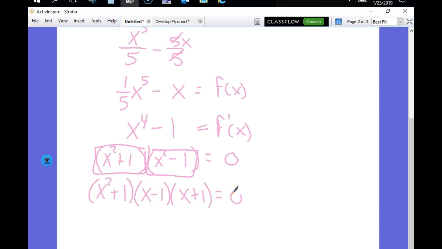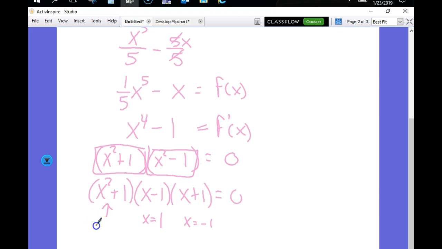Now if you set this one equal to 0, you get -1. If you set this one equal to 0, you get 1. If you set this one equal to 0, you're going to end up with the square root of a -1, which doesn't make sense. This one does not give you any critical values. Now this is not a place where the derivative is undefined, so maybe I should be a little bit more clear.